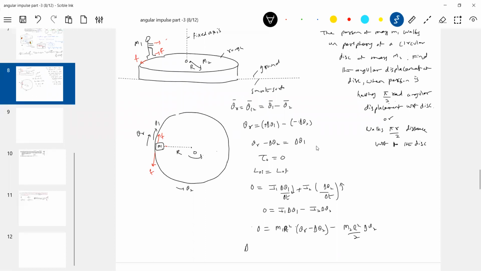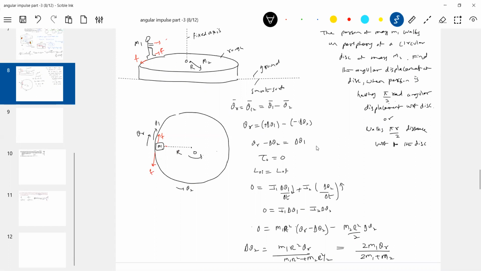So this will become equal to 2 M1 theta r by 2 M1 plus M2.